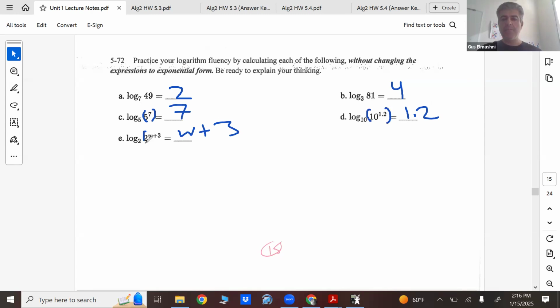Not quite. It's more this. If you just think about it, 7 raised to what power gets me 49? 7 to the second gets me 49. 3 to what power gets me 81? 3 to the 4, yes. 5 to the 7 gets me 5 to the 7. 10 to the 1.2 equals 10 to the 1.2. And 2 to the w plus 3 equals 2 to the w plus 3.